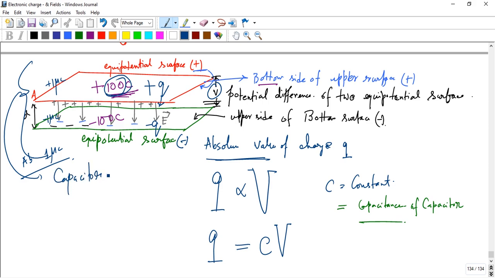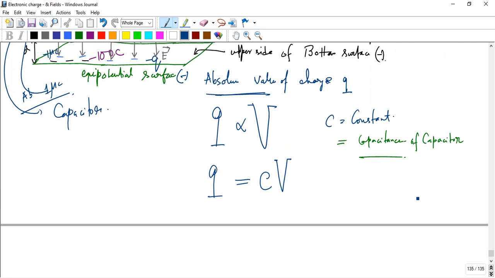These two plate configurations are called a capacitor. Clear?